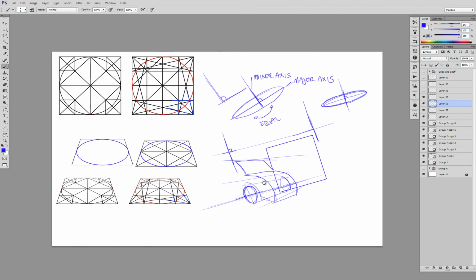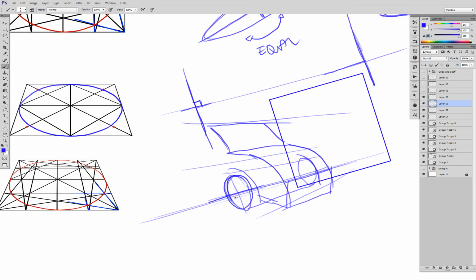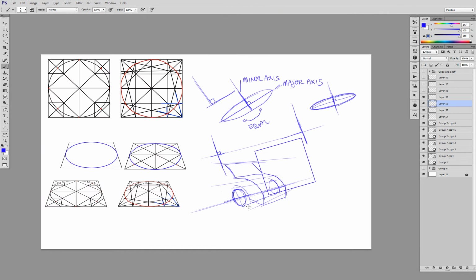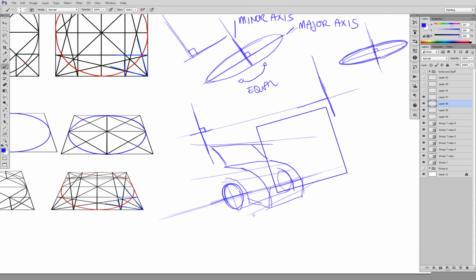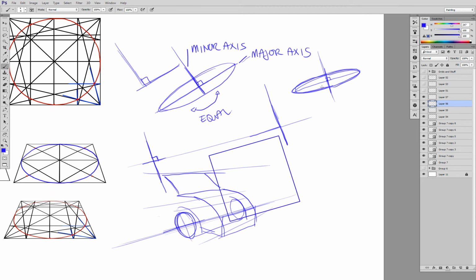And what that does is it lets us approximate an ellipse. The next step is either to draw in a cube so that we can define the ground plane, and then use all of these other aspects to define where that ellipse goes.